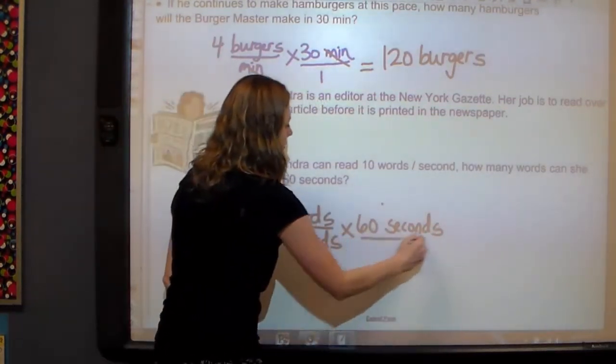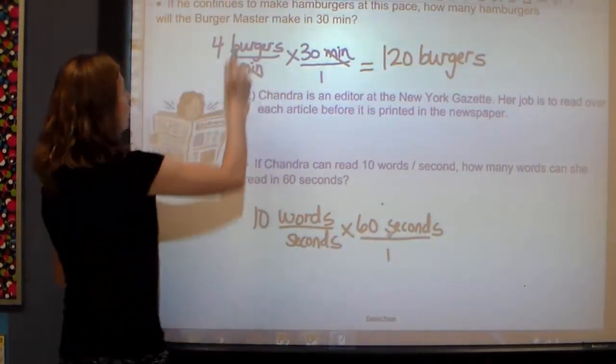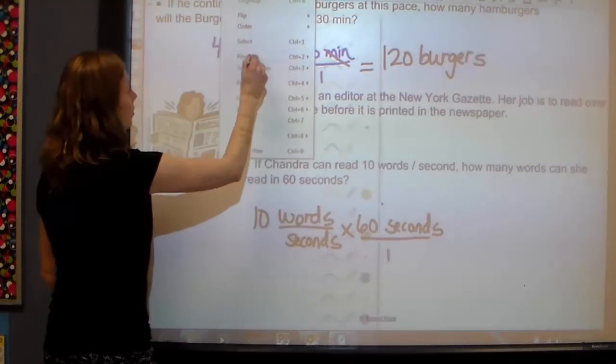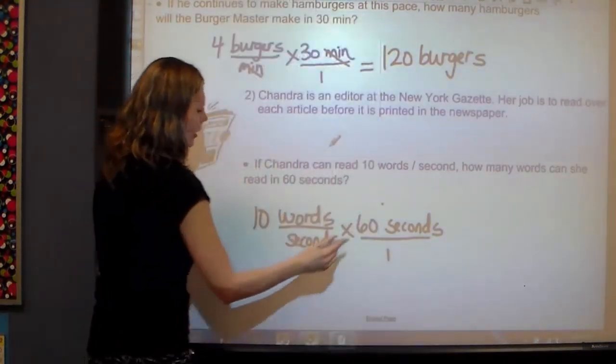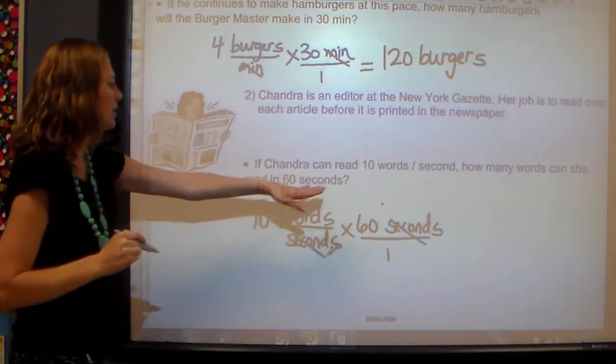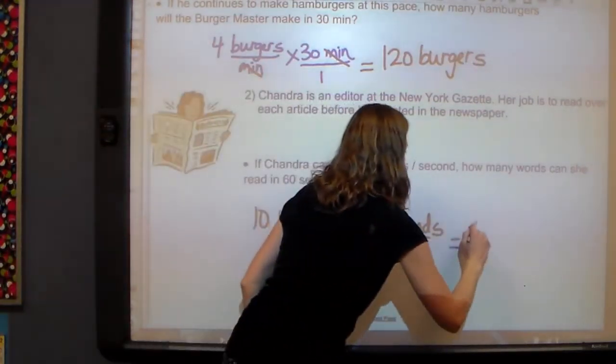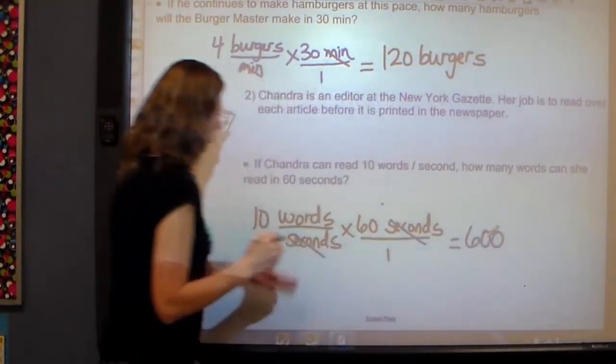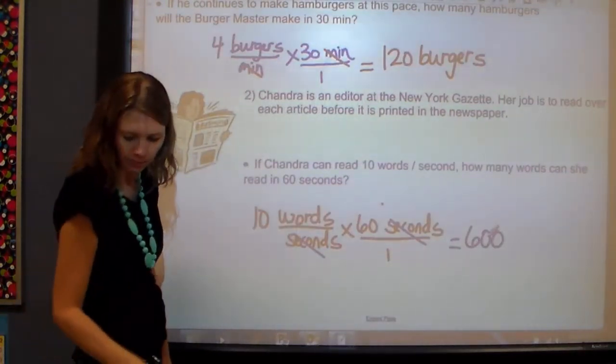Again, this is pretty much going to be over one whole. I'm going to cancel out my seconds. And so I have 10 words times 60, which would be 600 words.